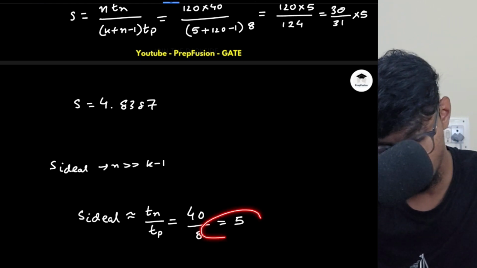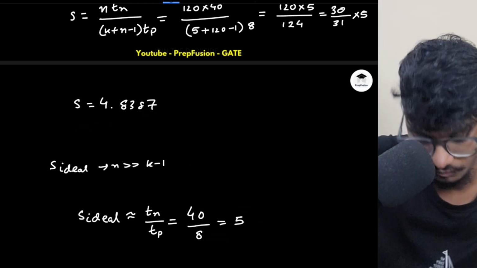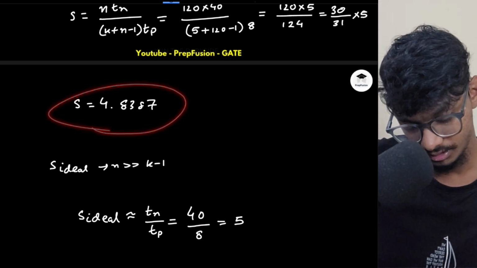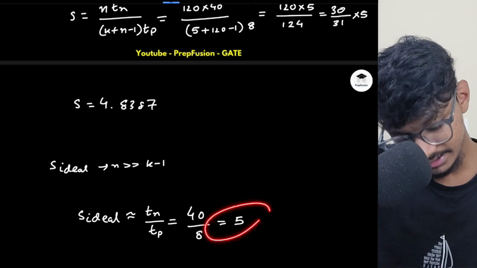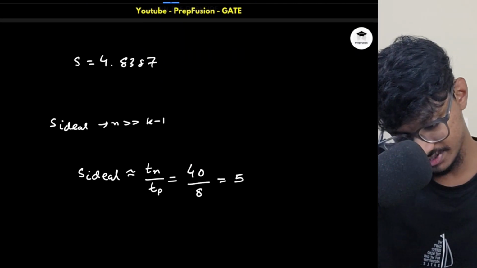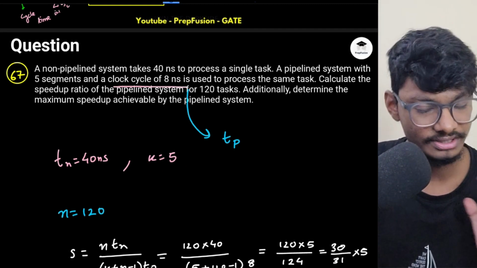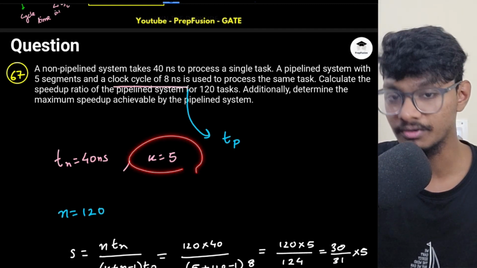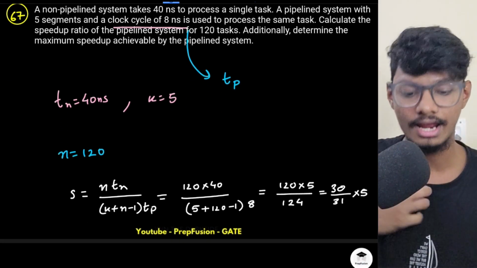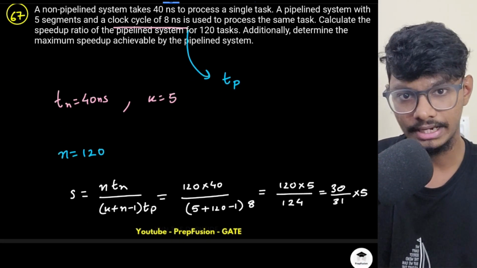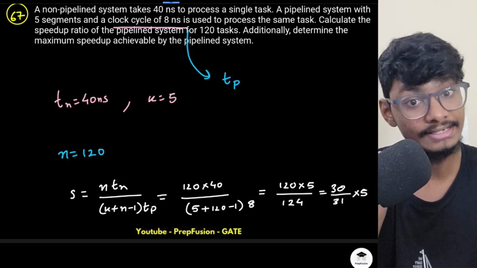So S ideal will always be larger than S calculated, and here it is also equal to the number of stages, but this will not necessarily always be the case. If S ideal is equal to the number of stages, then what we can say is that it can be a balanced system.